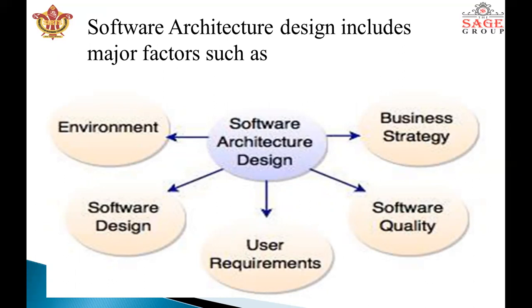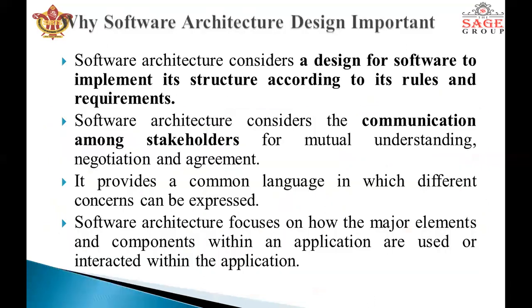First one is environment, second one is software design, third one is user requirement, next one is software quality, and next one is business strategy. So these are the factors the architect must know when he wants to create or develop any kind of software, right?